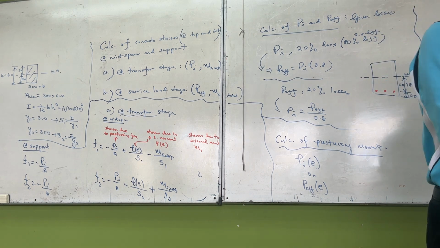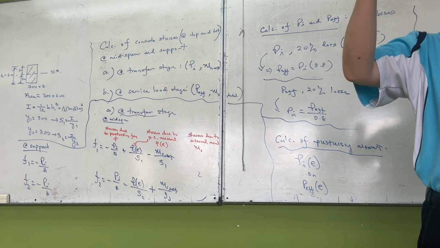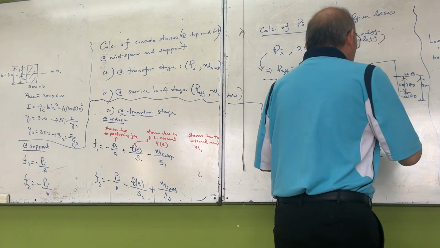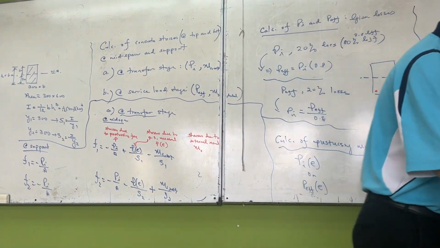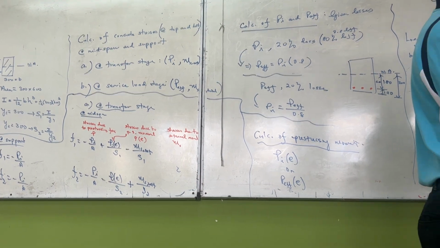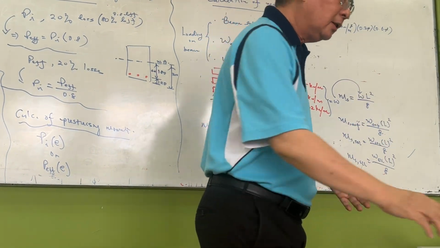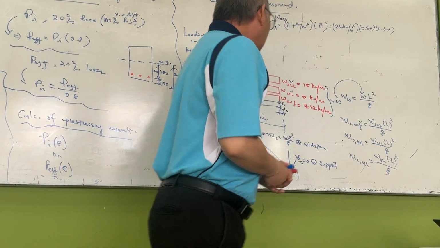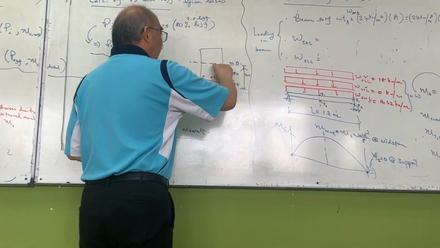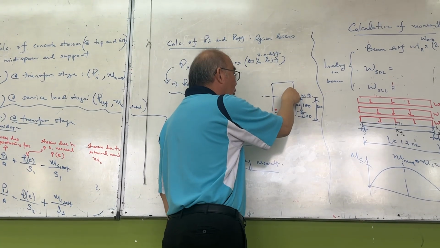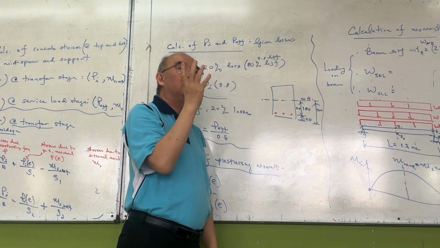At the support, if you look at this problem, I say at the support it becomes 300. That means at the neutral axis. As it goes towards the support, it goes up to here, so the eccentricity becomes 0.